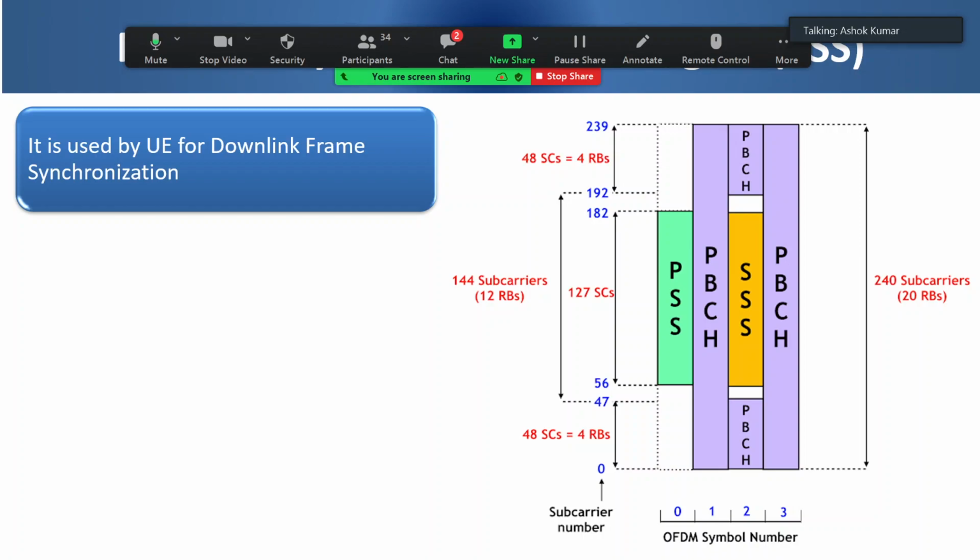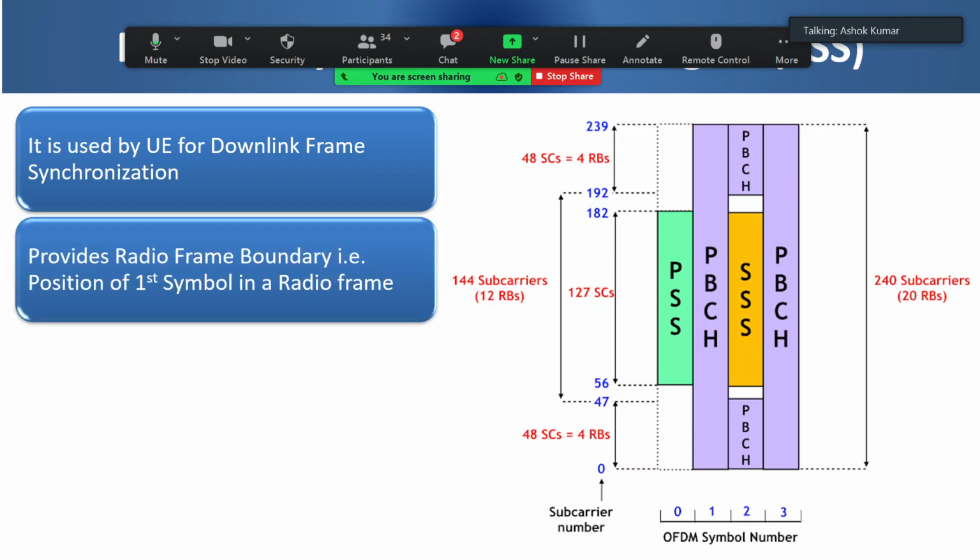When you switch on your mobile for the first time, it does not know about the network, which frequency band it is operating in, what the timing is, and so on. So the synchronization signal helps your devices, the user equipment, to synchronize in the downlink direction. Please note this synchronization is in the downlink direction, because it is receiving the signal. So the SS block is for downlink frame synchronization.